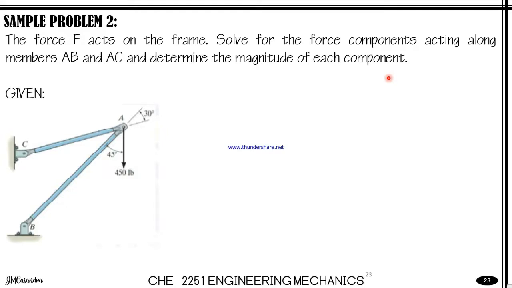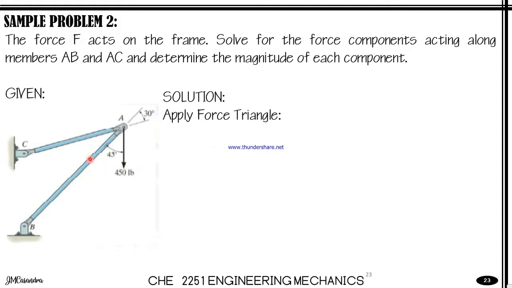So for this, to solve for the magnitude of each component, we can now solve it by drawing a force triangle, since we have three forces acting on the system.